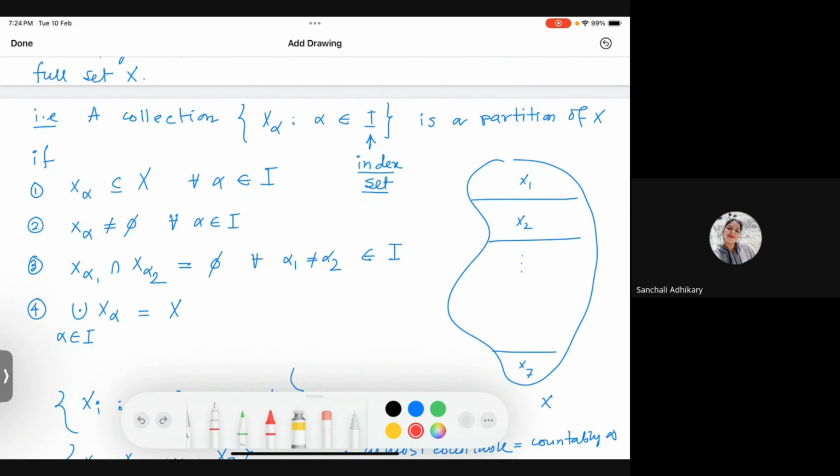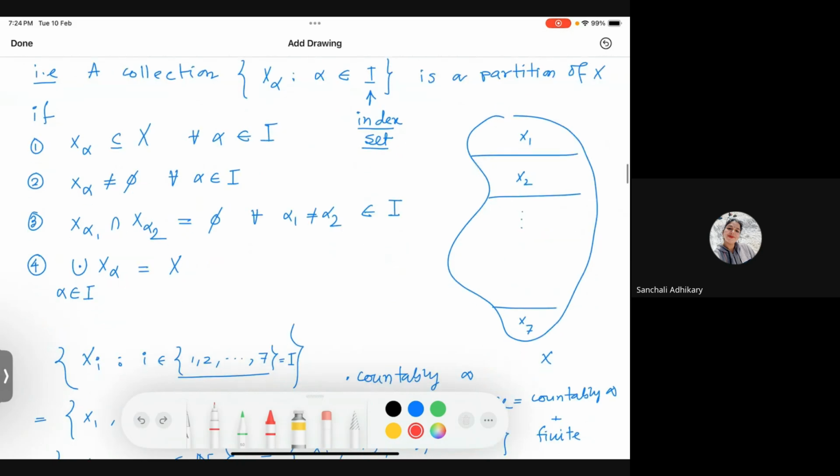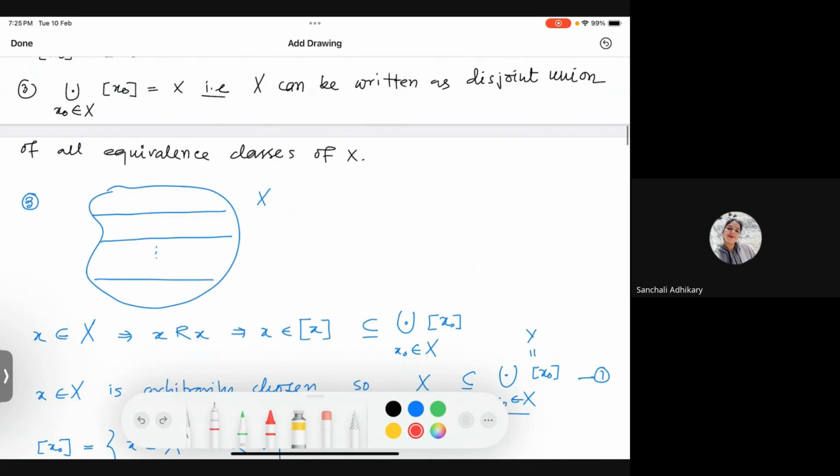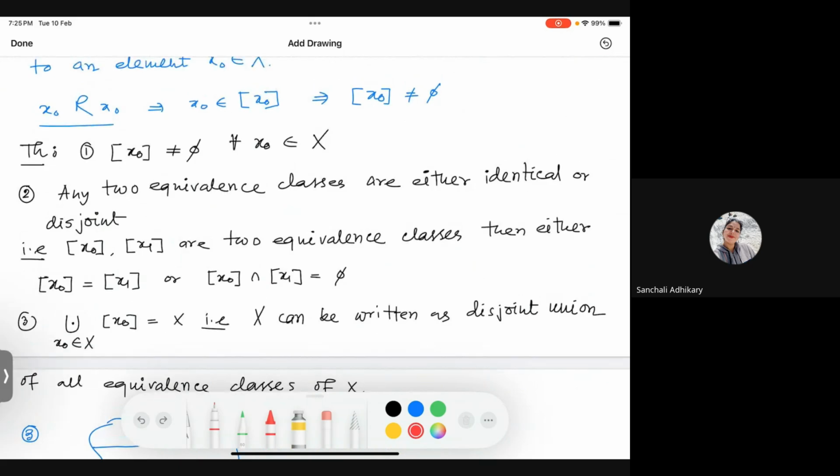If you take any two different sets and take the intersection, then they are disjoint, and the union will be the whole set X. Already you saw the nature of the equivalence classes, right? In the last theorem, already you saw it, right?